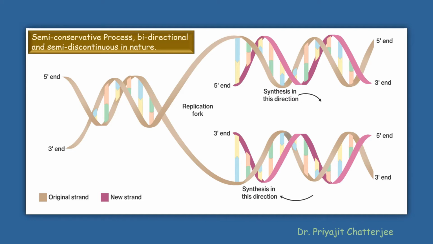Now this replication proceeds bidirectionally in the 5' to 3' direction, towards the fork and away from the fork. Semi-discontinuous means the synthesis of the new DNA molecule occurs in a continuous manner in one strand, while in a discontinuous manner, in the form of fragments, in the other strand. That's why it is known as semi-discontinuous.